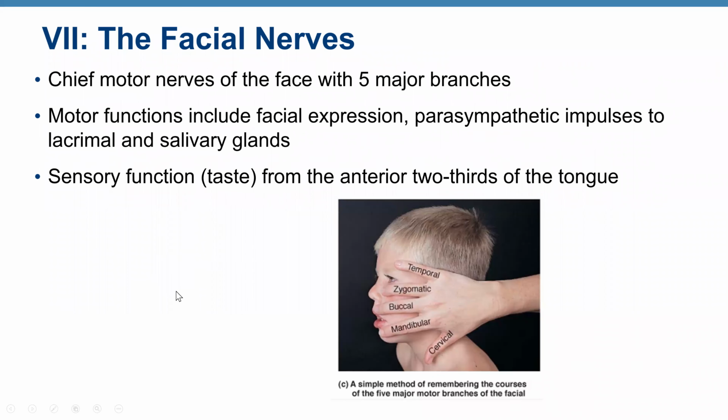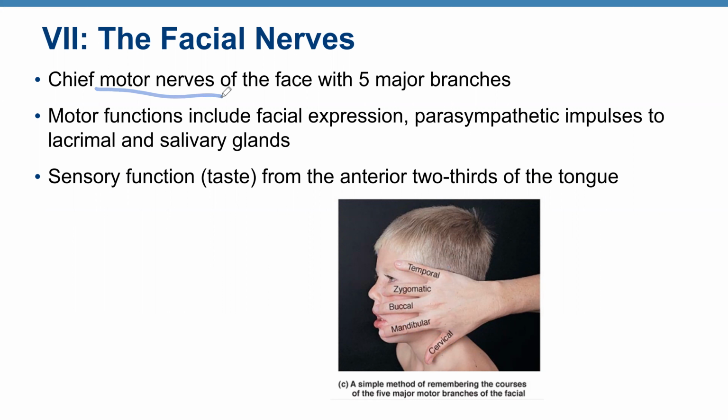Facial nerve number 7. Chief motor nerve of the face with 5 major branches. Branches include, over here, temporal, zygomatic, buccal, mandibular, and cervical. So here are the 5 branches of the facial nerve, and these are the motor nerves.